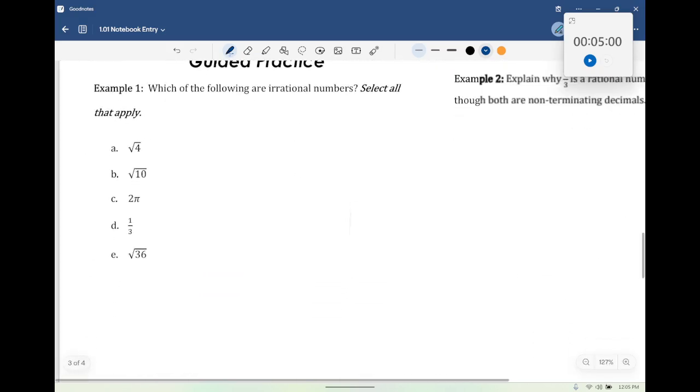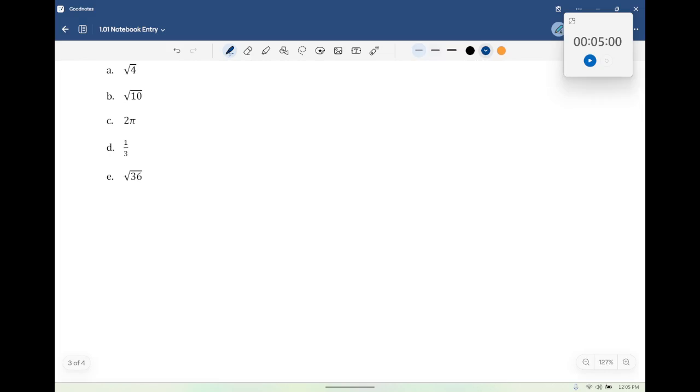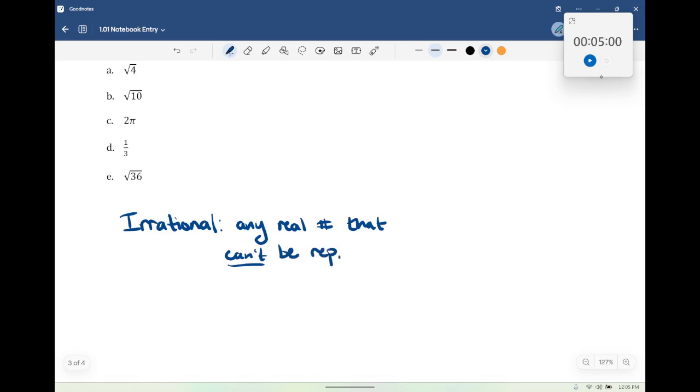And so just slightly below it, for a number to be irrational, it means, or I guess irrational numbers are any real number that can't, that's the really important part, can't be represented as a fraction.